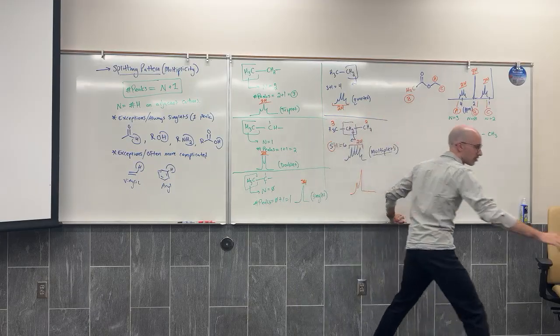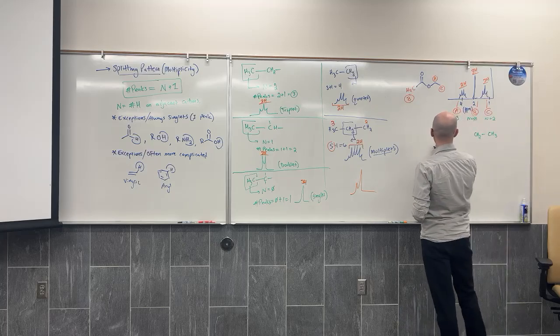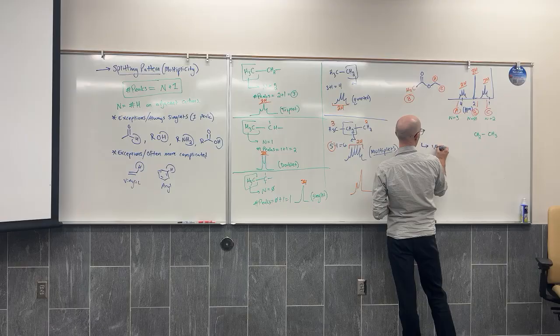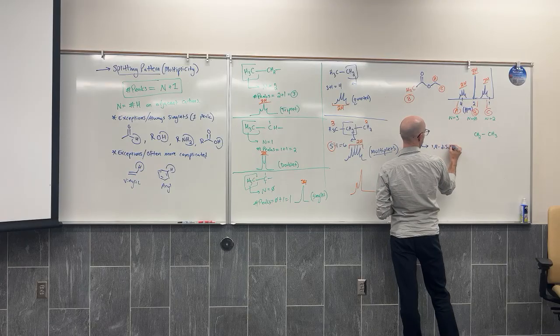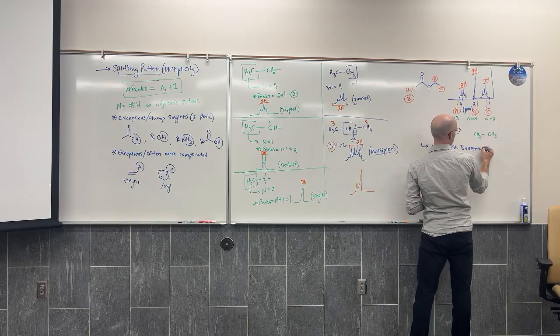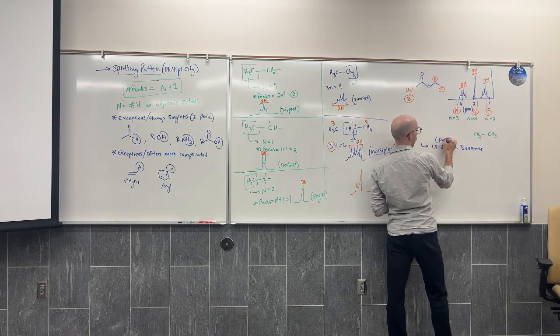Okay, the spectrum that you see just to your right, I want you to think of this as 1,4 di-substituted benzene. We also refer to this as para.